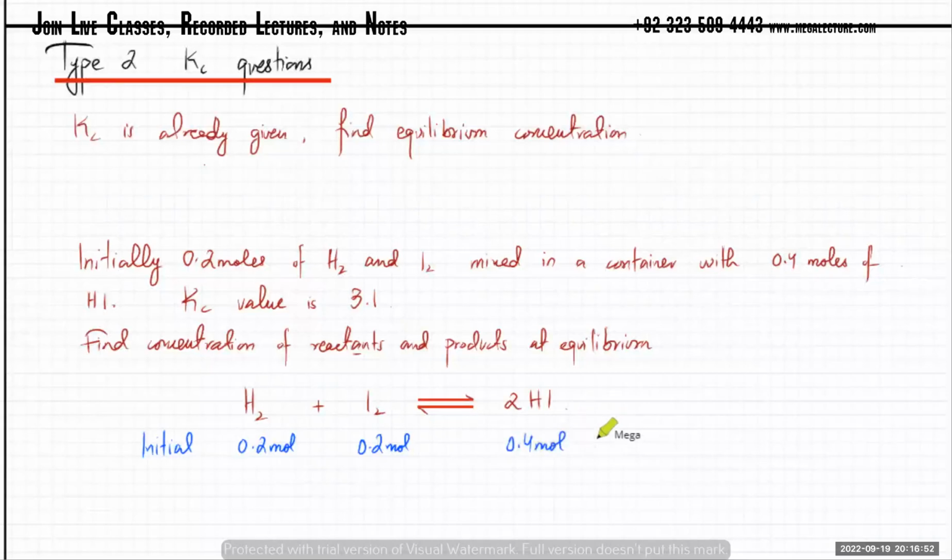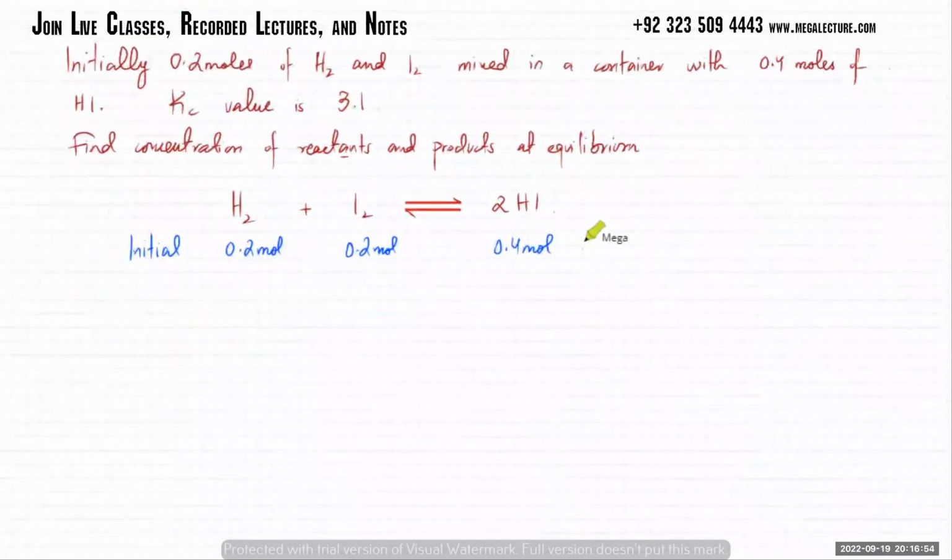That's already given in the question. What you don't know is how much of the stuff is reacting, whether the equilibrium is moving to the right or to the left. They didn't give us any information about the equilibrium moles.